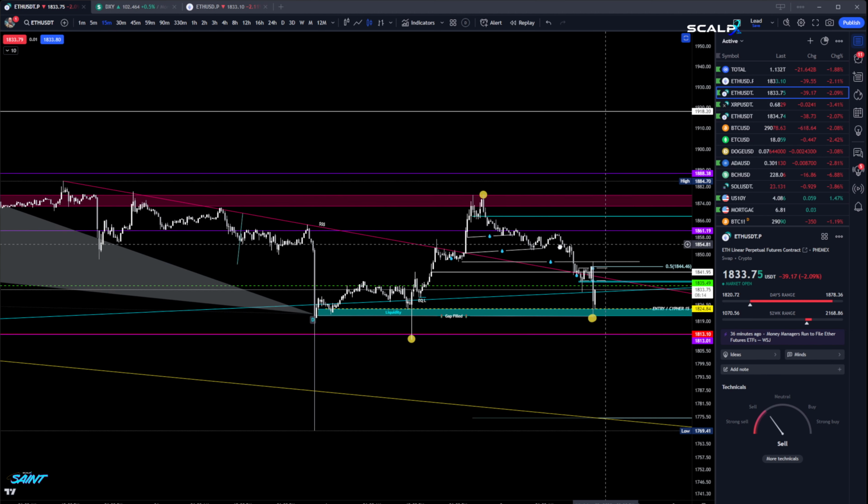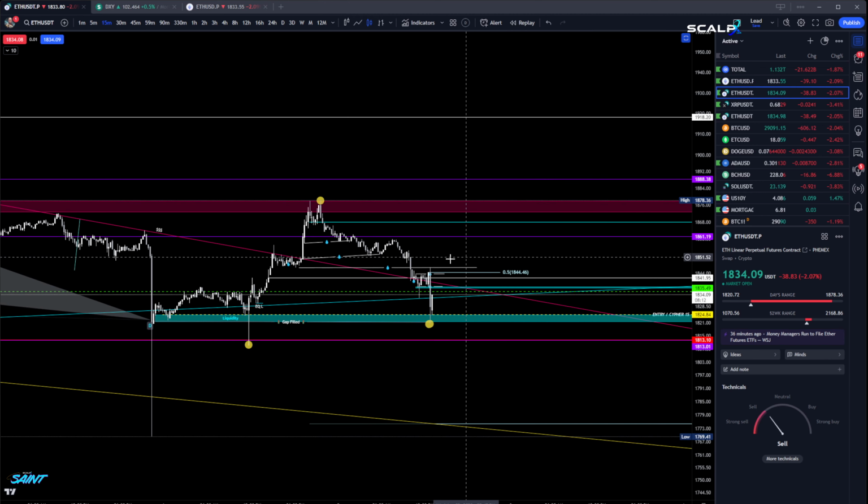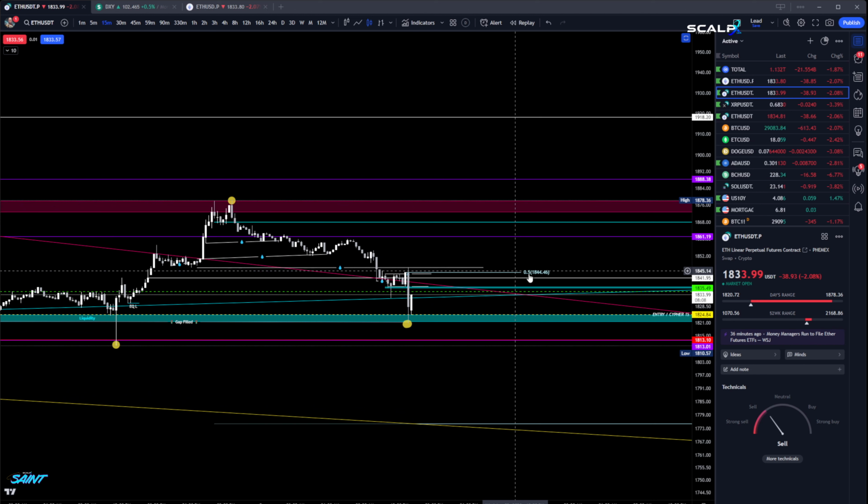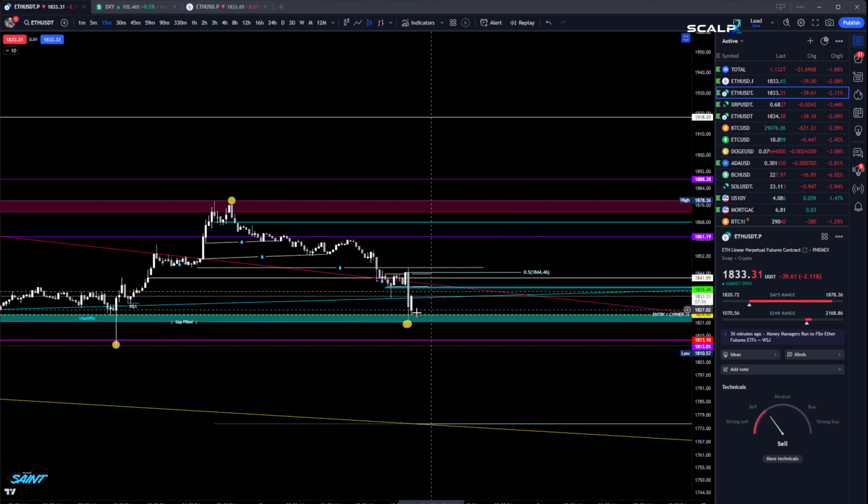If you want a safer entry for a long, if you didn't gobble this up over here, you'd want to wait till 1844 is reclaimed. So we push up, then get maybe another reaction here, and then you'd set your limit orders for here. That would be a safer bet if you don't want to take high risk longs.